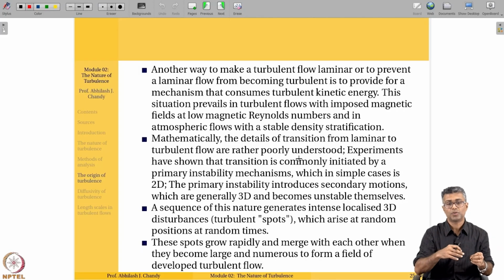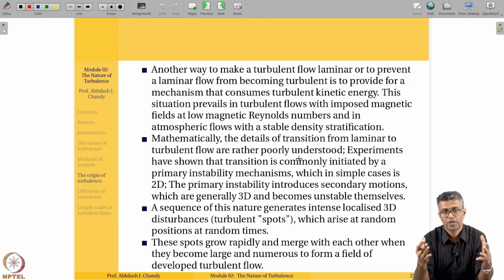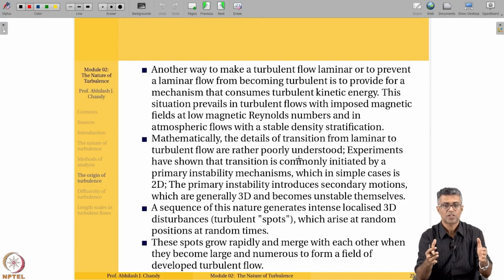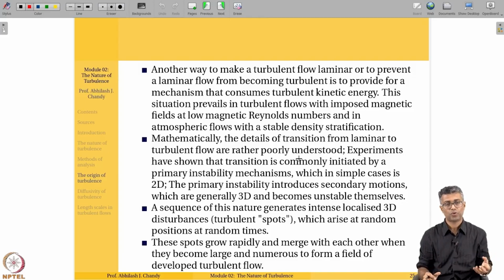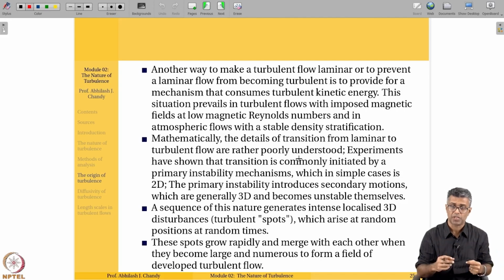These spots grow rapidly, merge with each other, become large, and eventually lead to the development of a turbulent flow. So that is the origin of turbulence. It starts from laminar flow. Then there are instability mechanisms. For example, in a pipe flow or in a boundary layer flow, as in flow over a flat plate, there are instability mechanisms due to the velocity gradient.